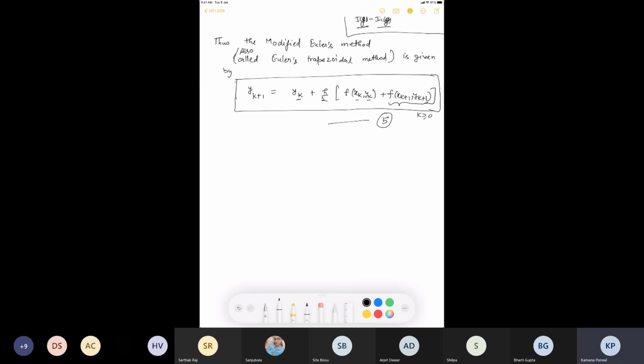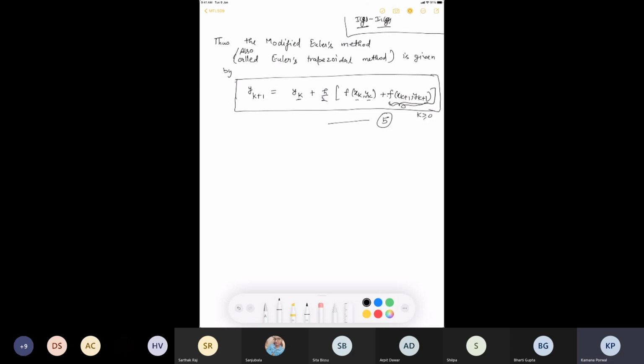You cannot directly compute y_{k+1}, and this is not a linear relation; f can be anything. Because of this, it falls into the category of implicit methods, and in particular it is called Euler's implicit method. The previous one you can treat as Euler's explicit method.